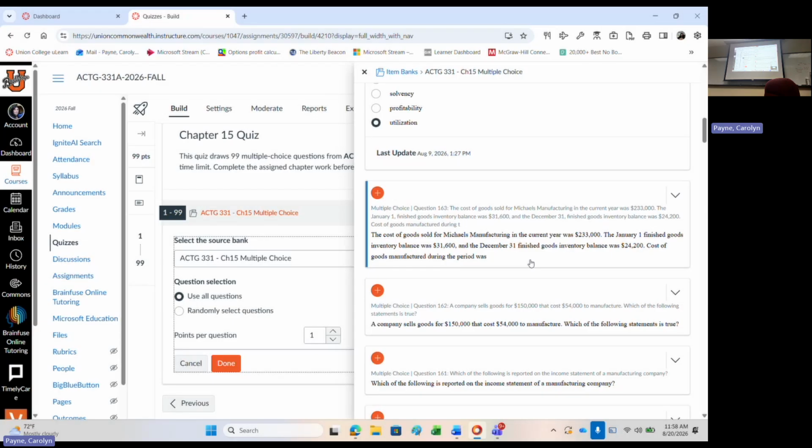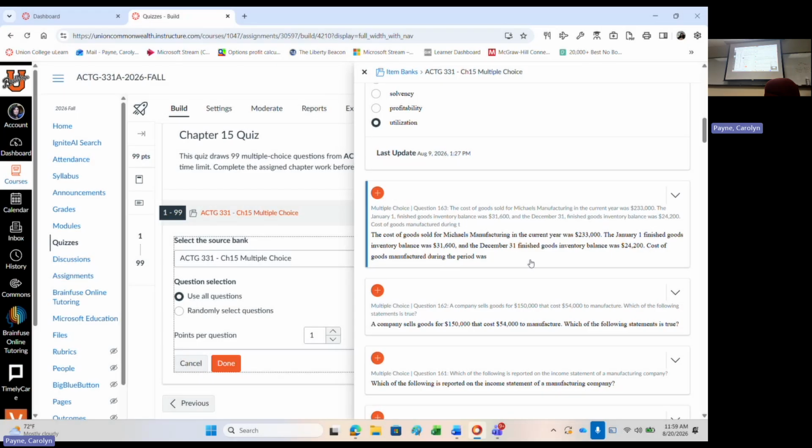So my cost of goods sold for the month is $233,000. That's the bottom. So I need to back into it. It says the finished goods inventory balance at the beginning of the month was 31,600, and the finished goods at the end of the month was 24,200. What I'm after is total cost of goods manufactured. I just have to back into that.